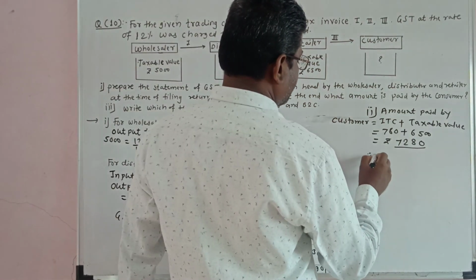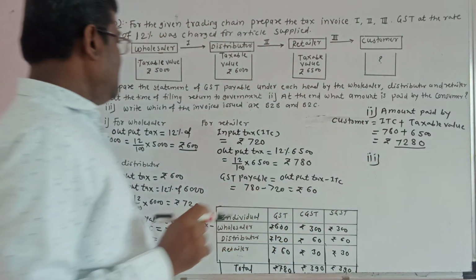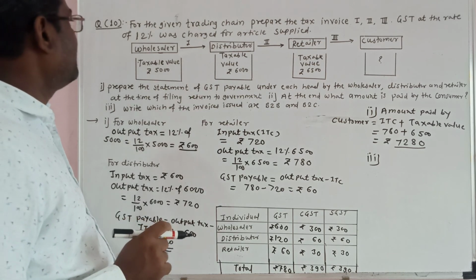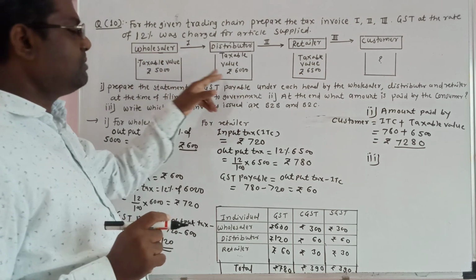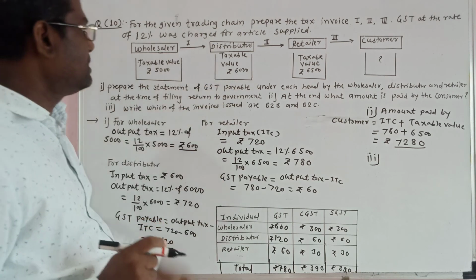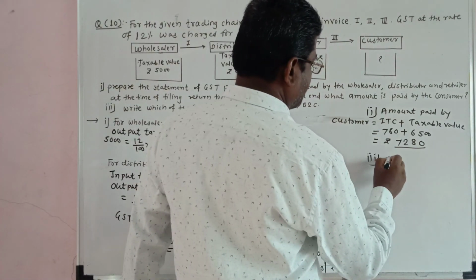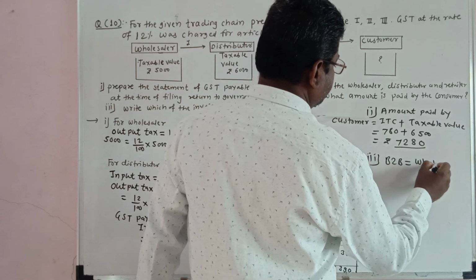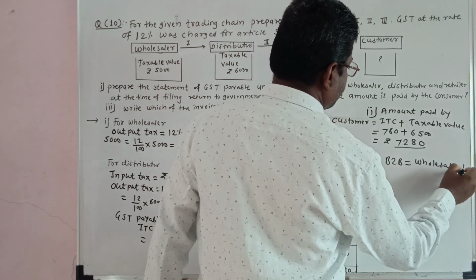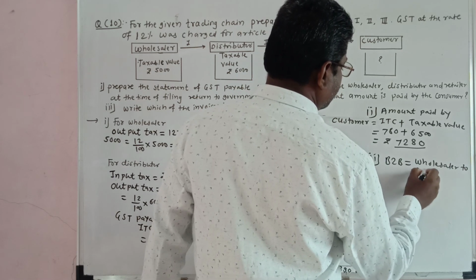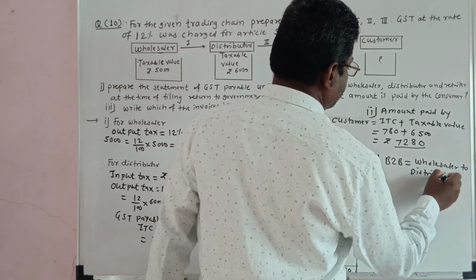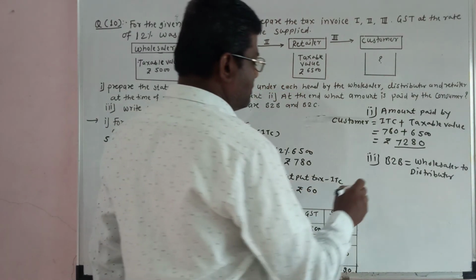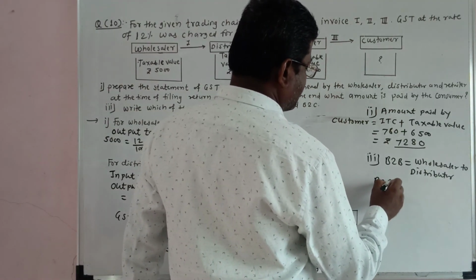And number 3, write which of the invoices issued are B2B. B2B, business to business: wholesaler to distributor. Also distributor to retailer is B2B, business to business.